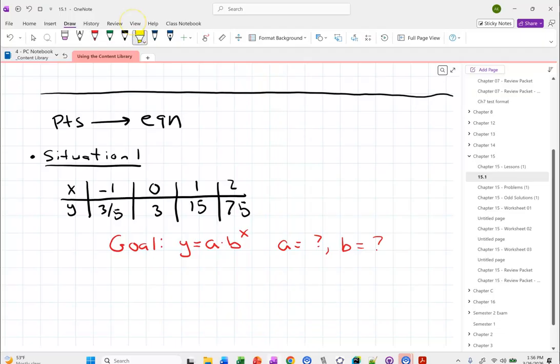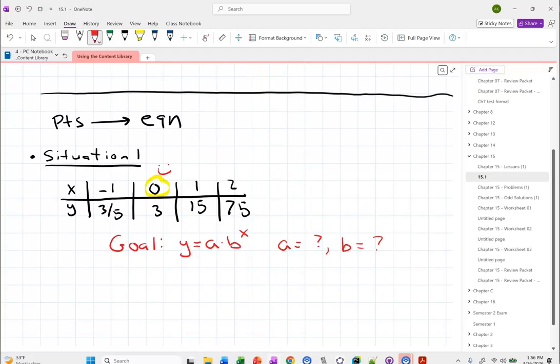So the best case scenario is where we have a point when x is equal to 0. That makes us very happy.